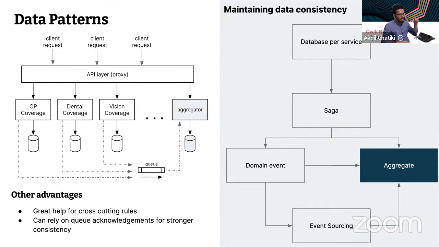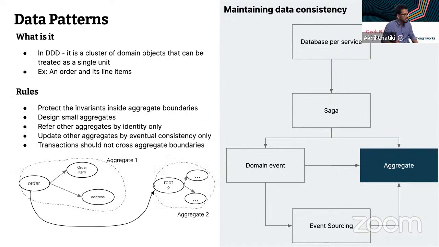So again, it depends upon what type of aggregations you need, what type of aggregations you want to store in your application. It is a lot of business decisions that you have to make.